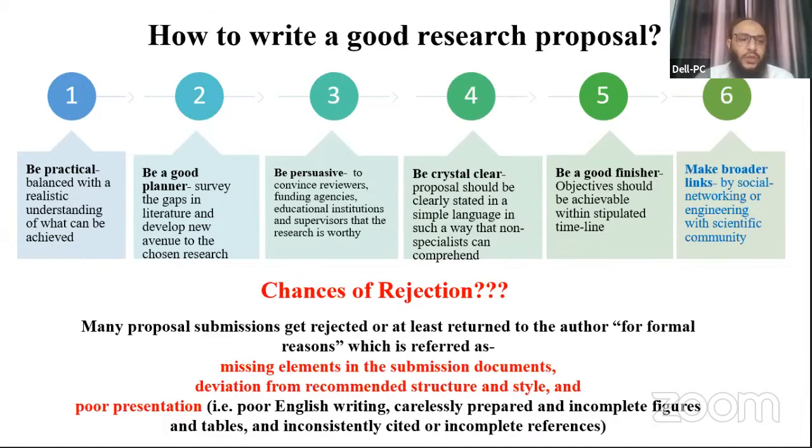It means you have to write a proposal with a balanced mode and a realistic understanding of what can be achieved. You should not be very ambitious or very under-ambitious. You have to take a practical approach with a balanced, realistic understanding. This is the most important property we have to develop as a budding researcher.